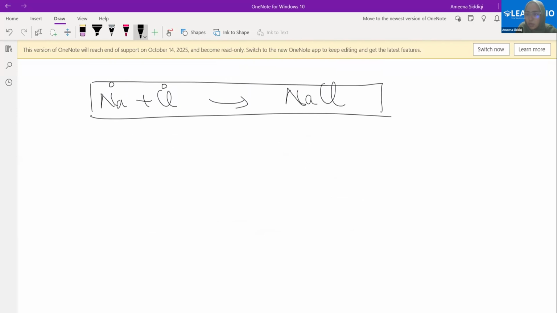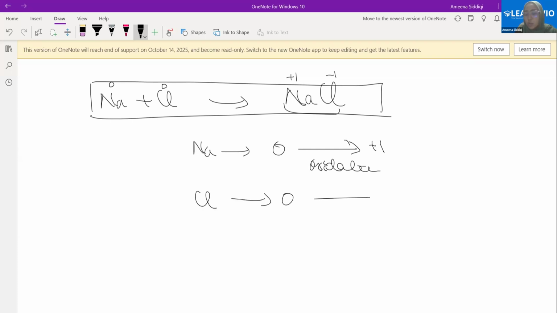Chlorine is in the elemental form, therefore oxidation number 0. Here, Na is in the +1 form and chlorine is in the -1 form. Sodium is going from 0 to +1, that is oxidation. Chlorine is going from 0 to -1, that is reduction. Are you getting it?